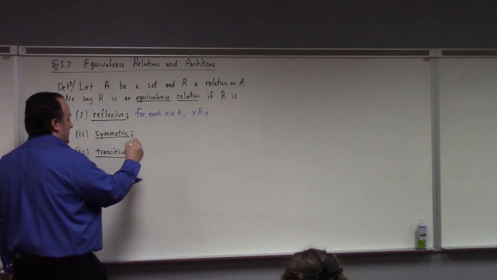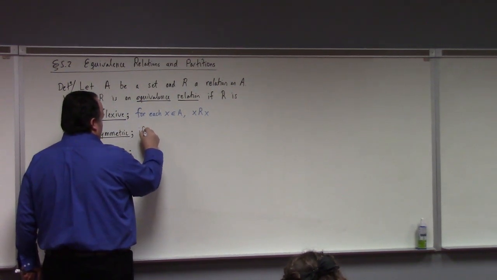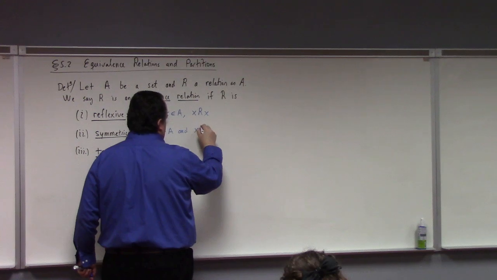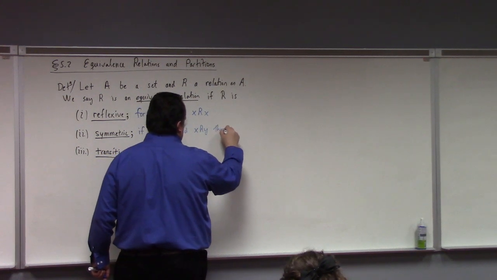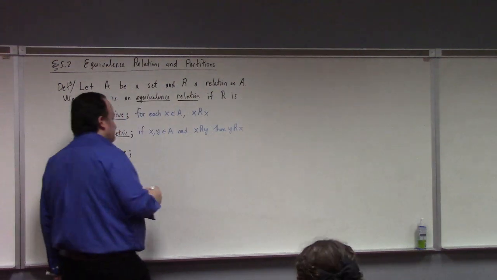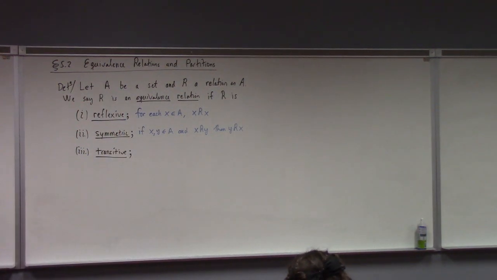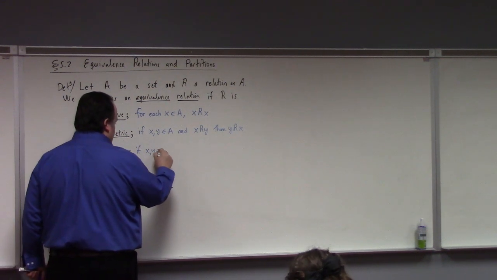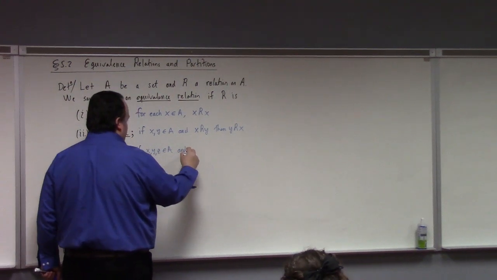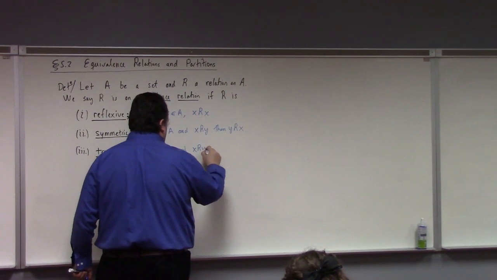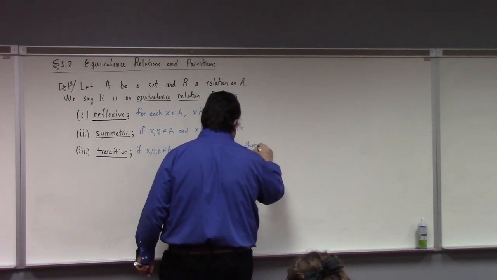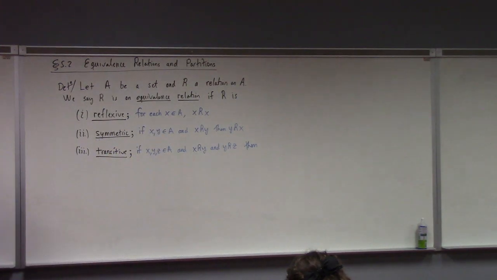Symmetric means, if x and y are in A and x relates to y, then y relates to x. Transitive means if x, y, and z are in A and x is related to y and y is related to z, then what? x is related to z, right?